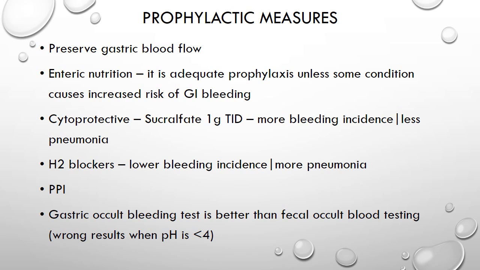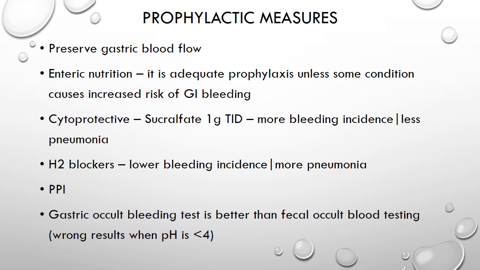Cytoprotective agents such as sucralfate can be used, but the bleeding incidence is more, but the pneumonia is lesser. Whereas when H2 blockers are used, there is a lower bleeding incidence and more of pneumonia. This tends to show you that H2 blockers have a better control on the acid. Therefore, having a lower bleeding incidence and more pneumonia because the acid is not able to act against the organisms.